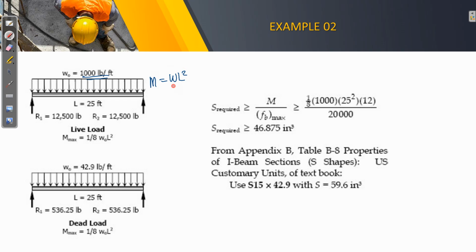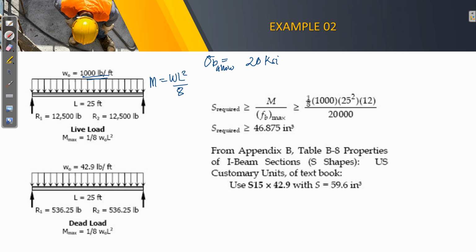This is all over 20,000. This 20,000 is your 20 KSI, or allowable bending stress.